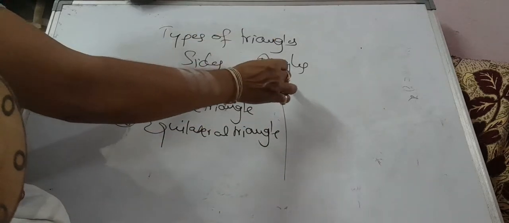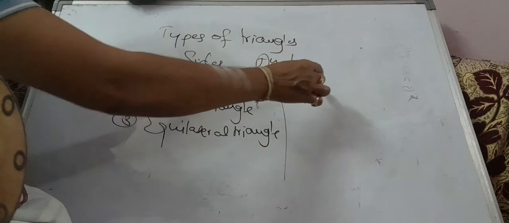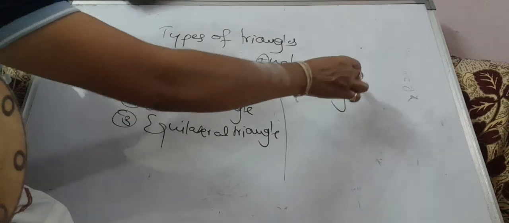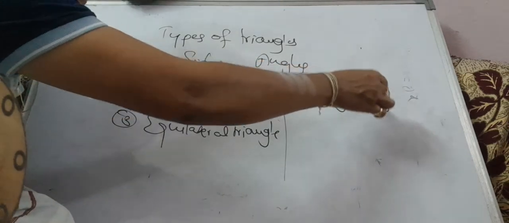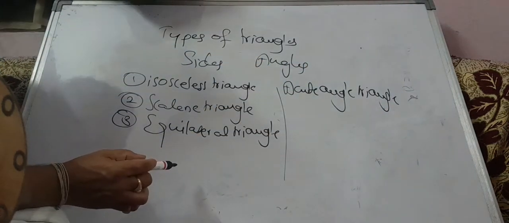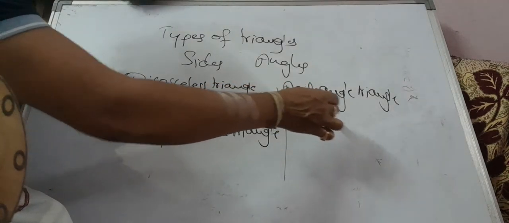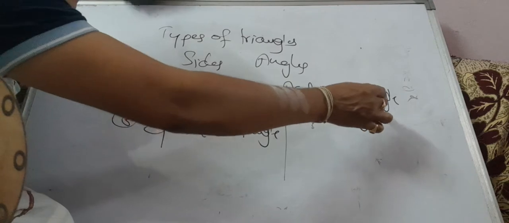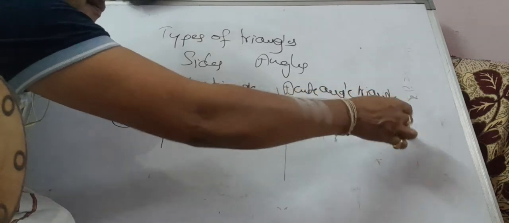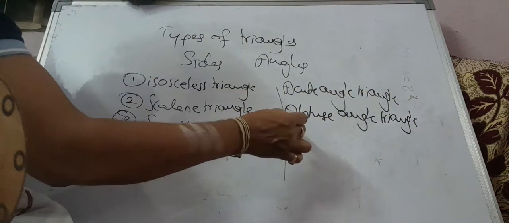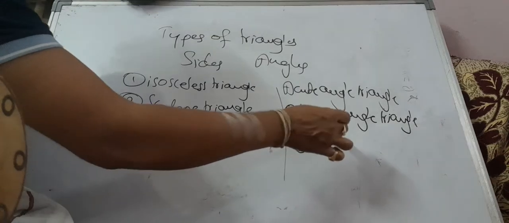According to angles: acute angle triangle, obtuse angle triangle, right angle triangle.